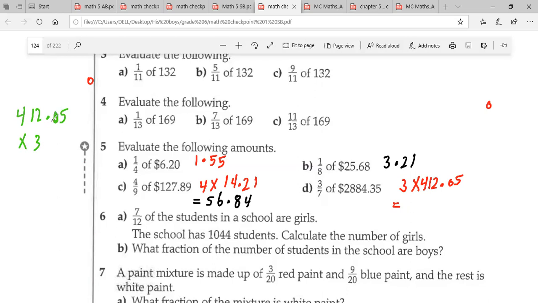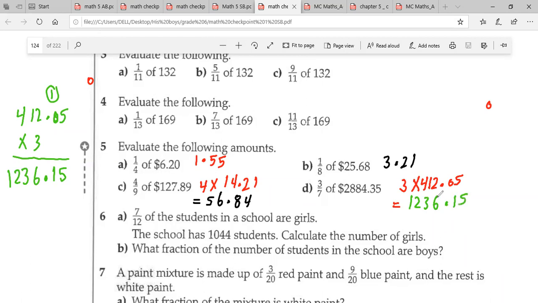The first one, 3 multiplied by 5 equals 15. Put 5 and carry 1. 3 multiplied by 0 equals 0, plus 1 equals 1. Put a decimal point, don't forget. 3 multiplied by 2 equals 6, 3 multiplied by 1 is 3, and 3 multiplied by 4 is 12.